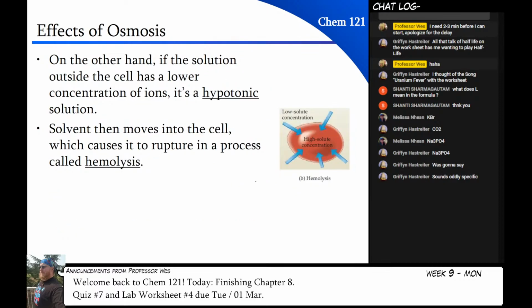The opposite effect happens if you have too little solute out here. So if there's too little outside and you have tons of ions inside relative to that, then water says, oh, the concentration is too high. I'm going to move into the cell. And so all the water comes in here.